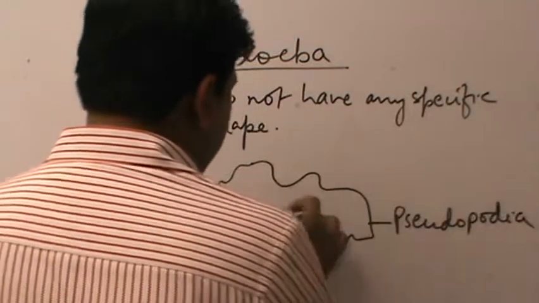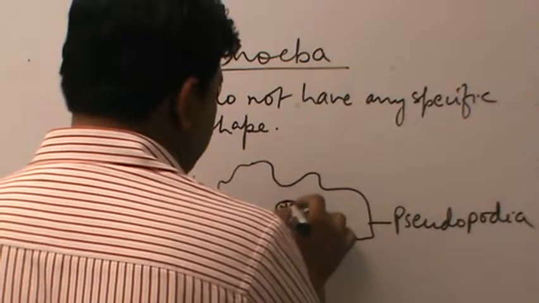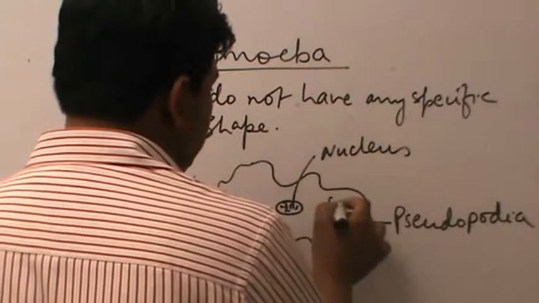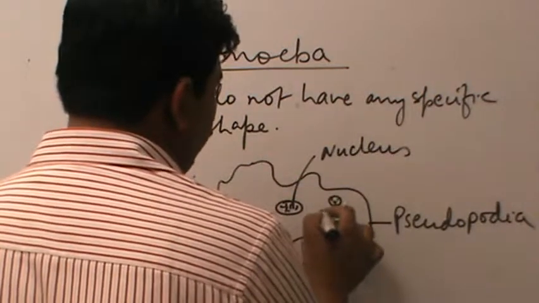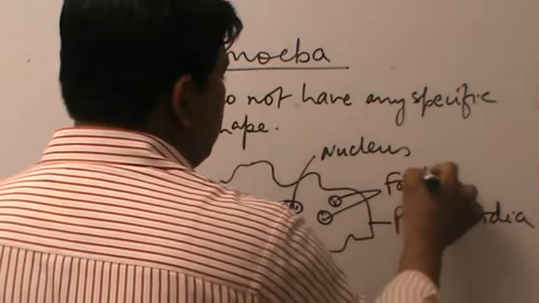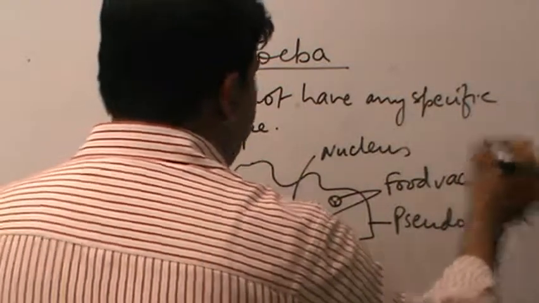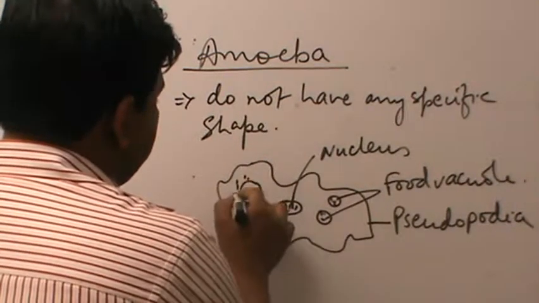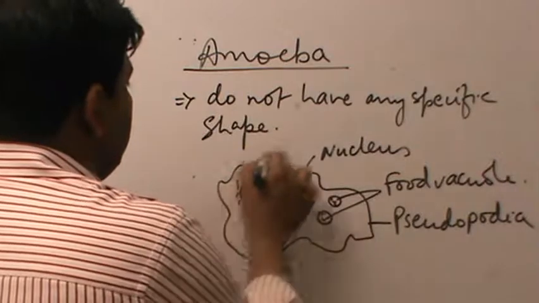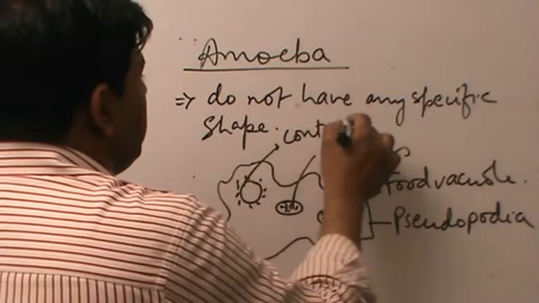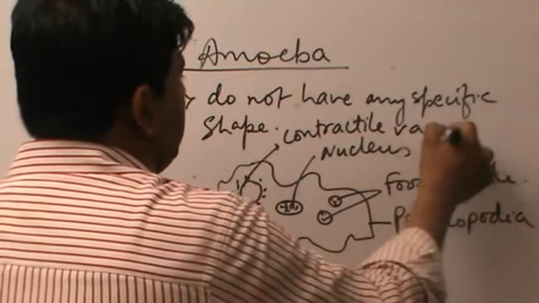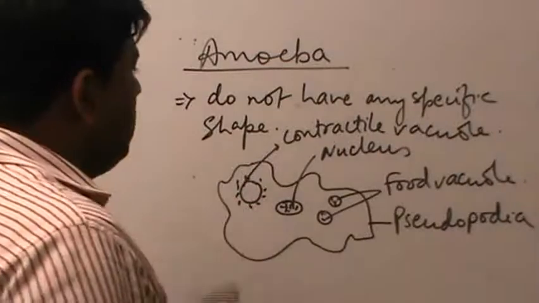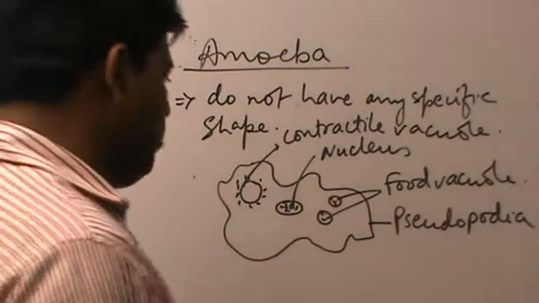This is the pseudopodia. This is the nucleus, a true nucleus. Then we have a food vacuole and a contractile vacuole. This is the contractile vacuole, which helps in osmoregulation.